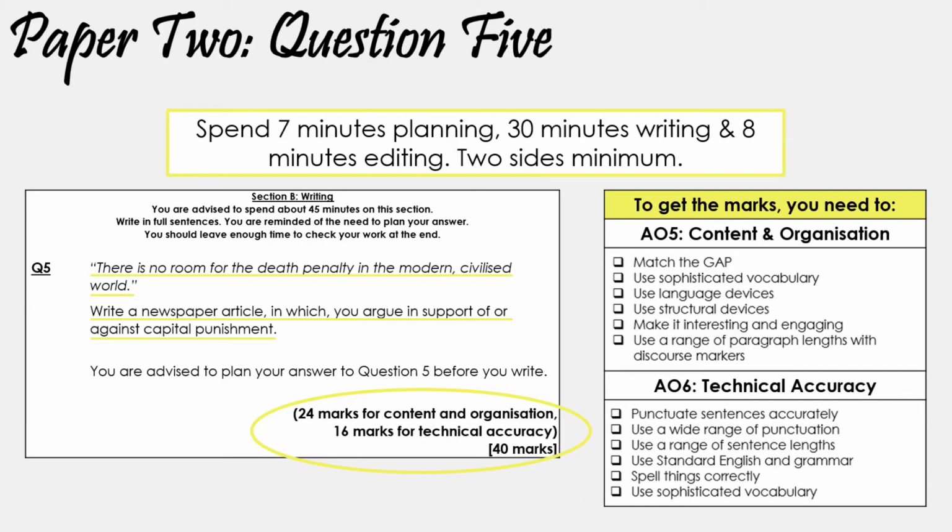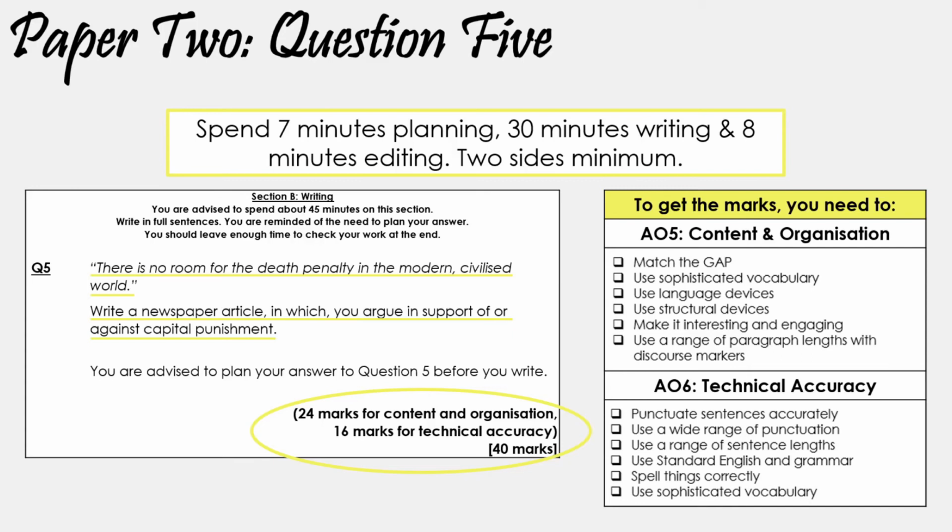For a wide range of punctuation, aim for about 8 different pieces of punctuation. A range of sentence lengths is self-explanatory. Use a whole range: simple, compound, complex, and minor sentences. Add some variety. Using standard English and grammar means no slang, and properly written, full sentences that make grammatical sense.